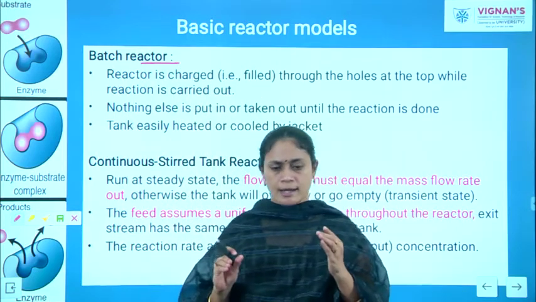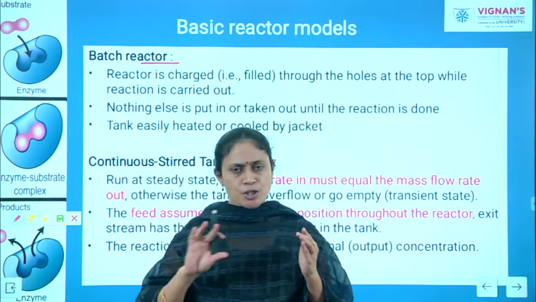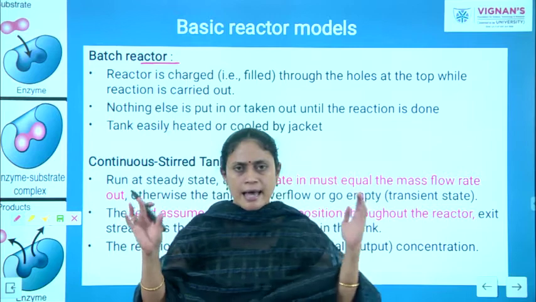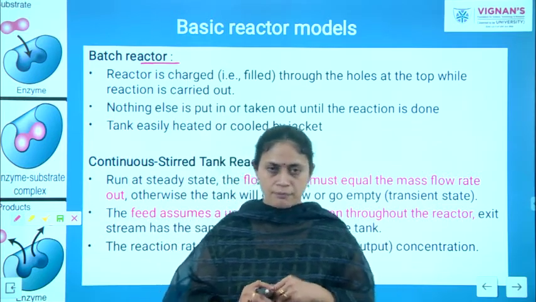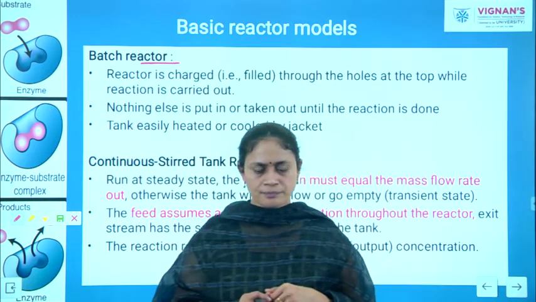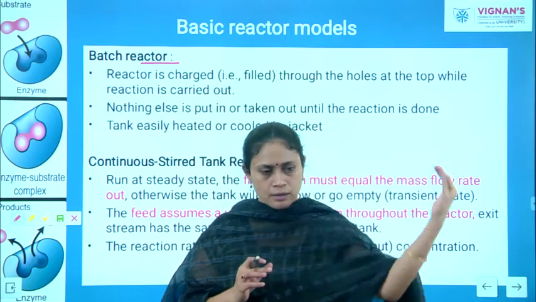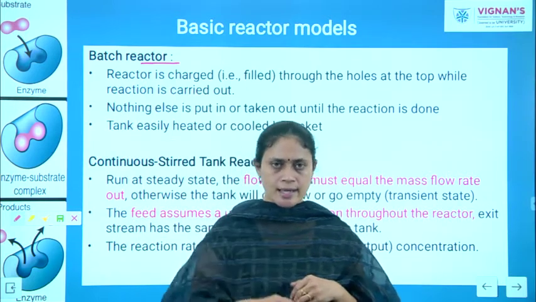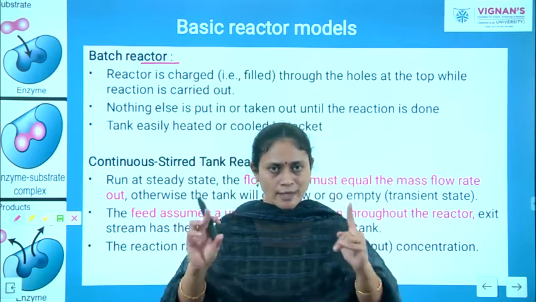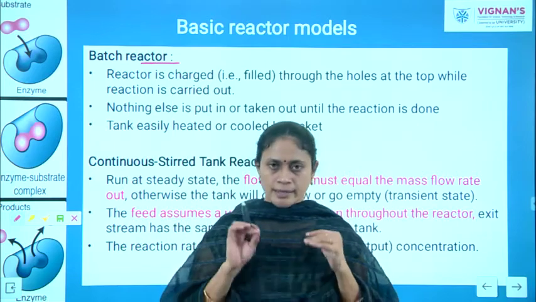As the name indicates, the entire production process is carried out in a batch-wise manner. What do you mean by batch-wise manner? You have considered a reactor. You have added the substrate. You have added the enzyme only once. And then you have allowed the reaction to take place in the reactor.